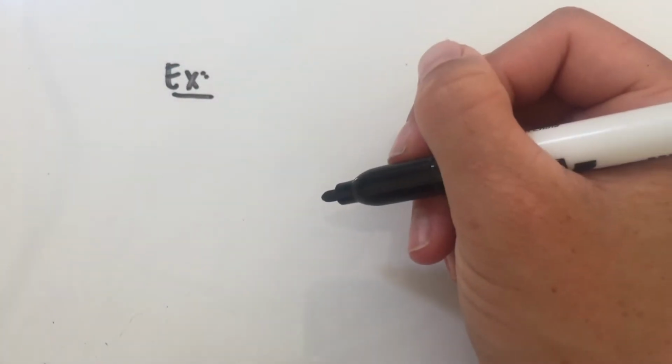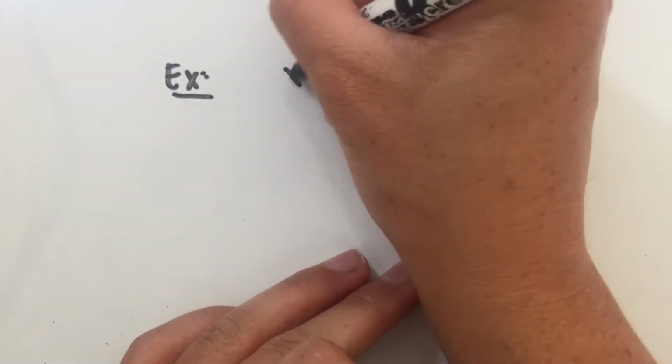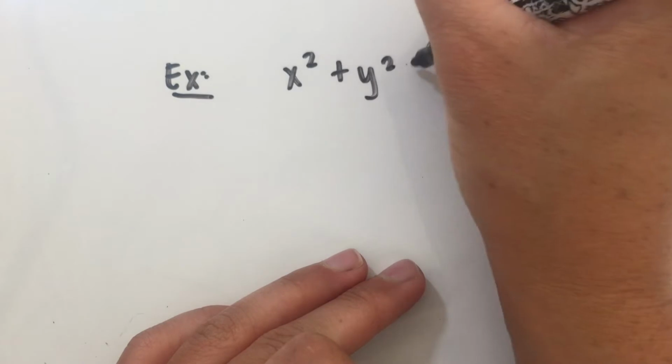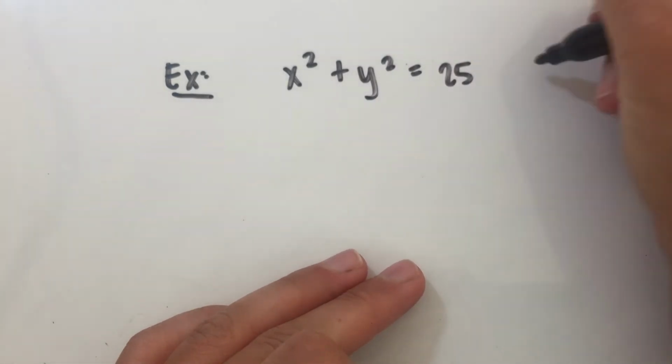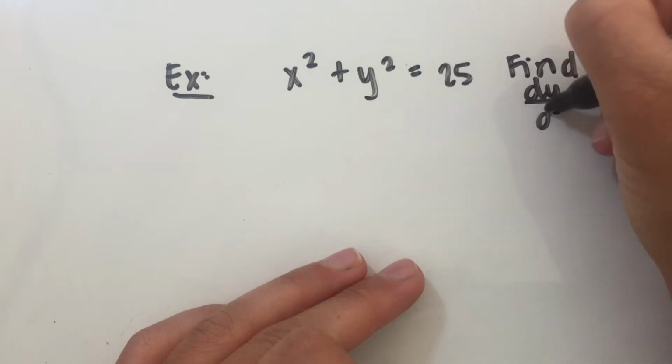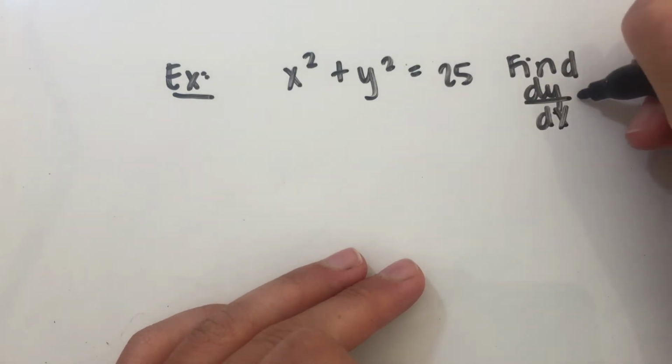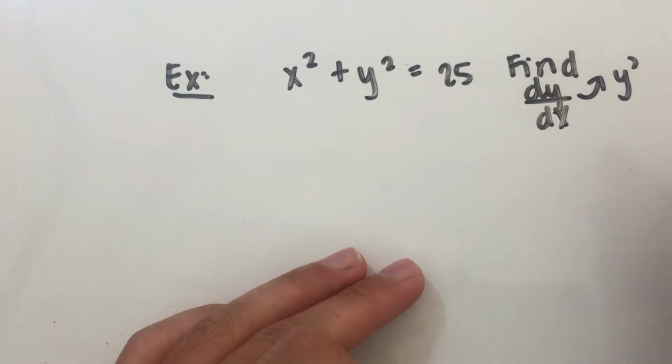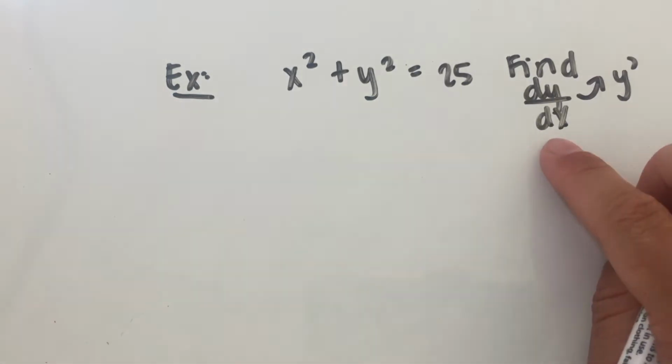Right, for my first example, I have x squared plus y squared equals 25. And I want to find dy over dx, which is going to be our y prime. So this states dy over dx is the derivative of y with respect to x.